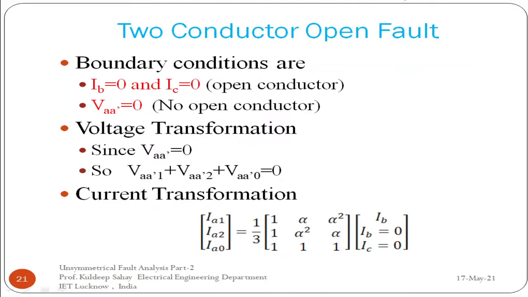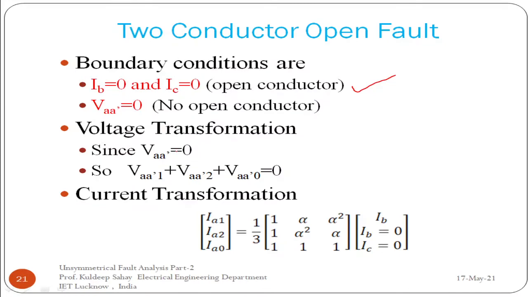So the boundary conditions are IB equal to 0 and IC equal to 0 because of the open conductors, while on conductor A there is no opening, so VA dash will be 0.